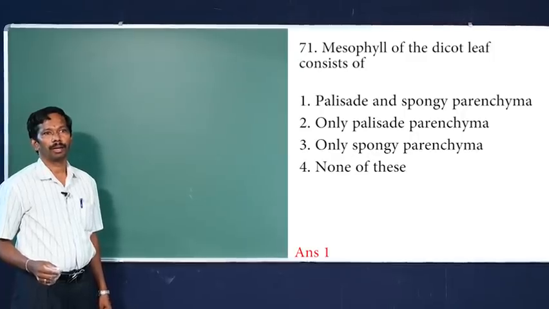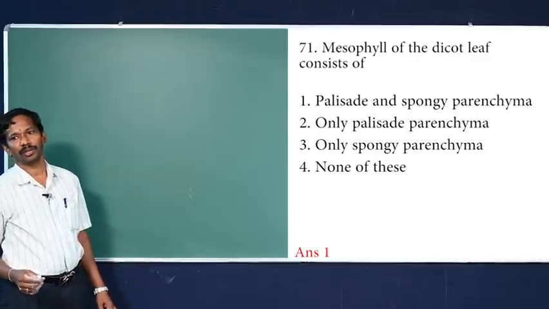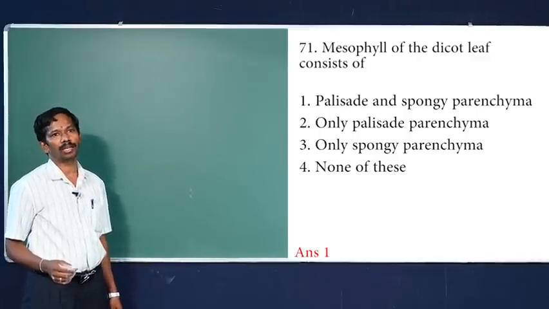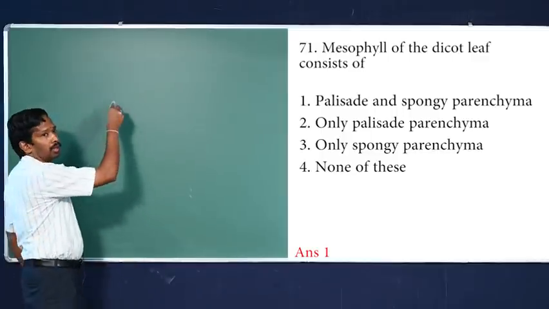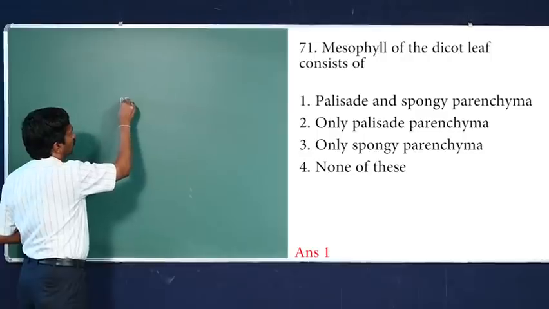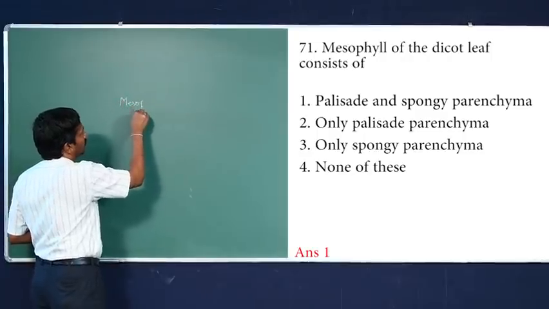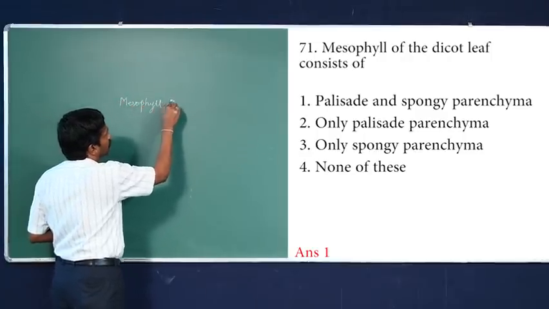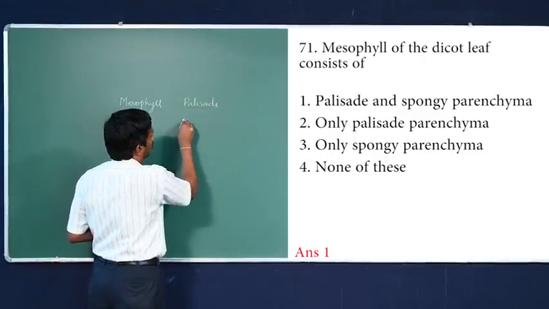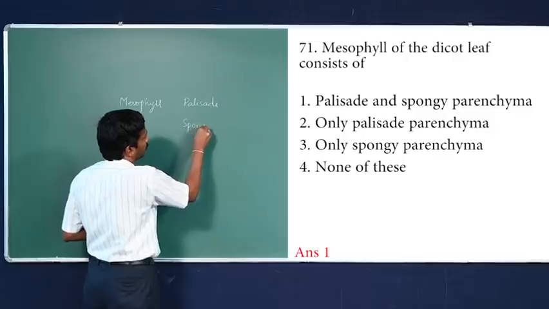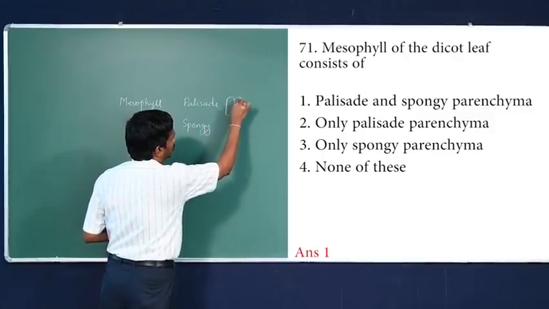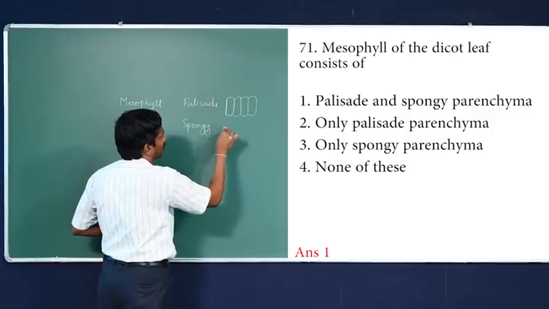71. As already mentioned in the early part of our discussion, mesophyll tissue of dicot leaf or monocot leaf is made up of specialized tissue. In dicots, mesophyll is differentiated into palisade parenchyma and spongy parenchyma. Palisade parenchyma is towards the upper surface, rod shaped, elongate structure.